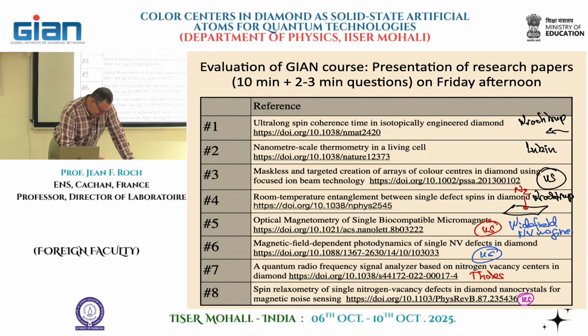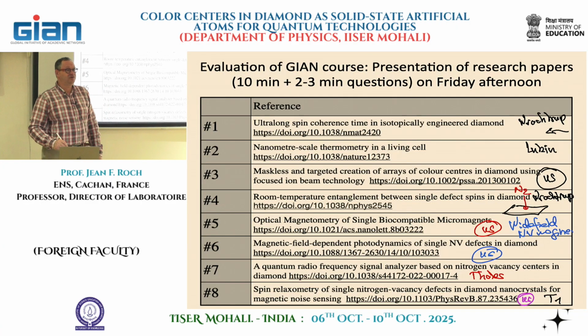And this is how you can use the T1 time of the NV centers to measure, for instance, the coupling to gadolinium ions and quenching by paramagnetic species.